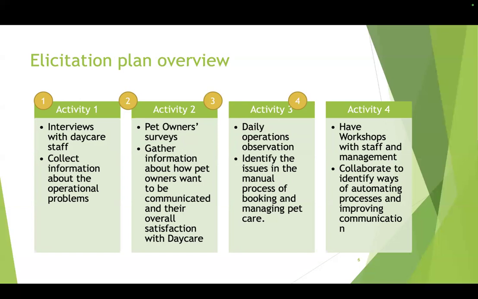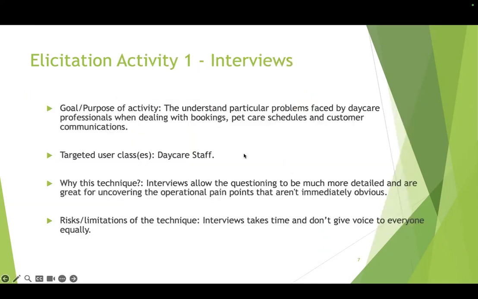Once we have collected this data, we'll observe the daily operations to identify inefficiencies. Finally, we'll conduct workshops with staff and management to collaboratively brainstorm solutions and ensure the system fits their needs. Each activity builds on the insights from the previous one, ensuring a comprehensive understanding of both internal and external needs. Now coming to the next slide.